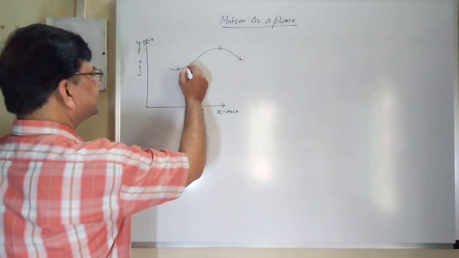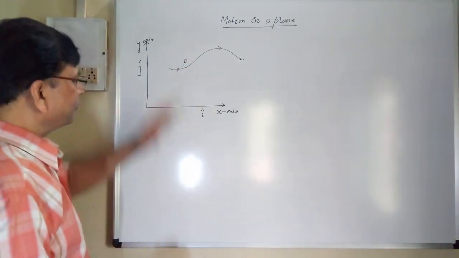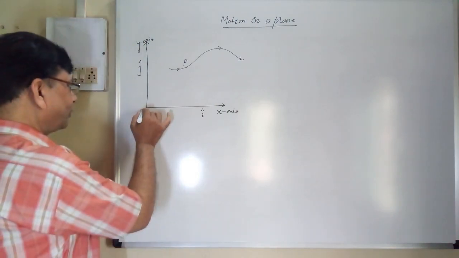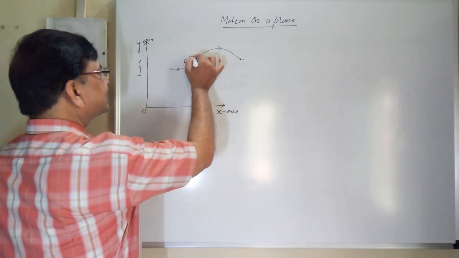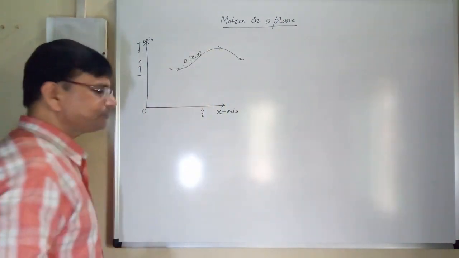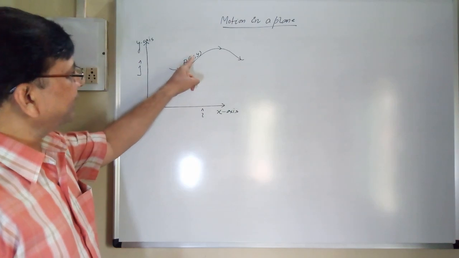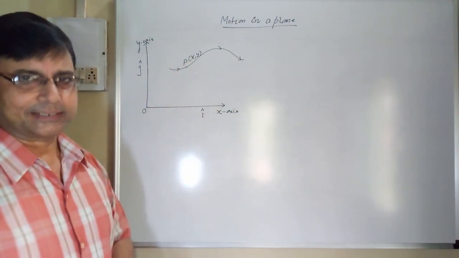Suppose the object is here. Suppose this is the position P. With reference to this frame, this is the origin. Let the coordinate of this point be x, y. So its position is specified by the coordinate of this point with reference to these axes.